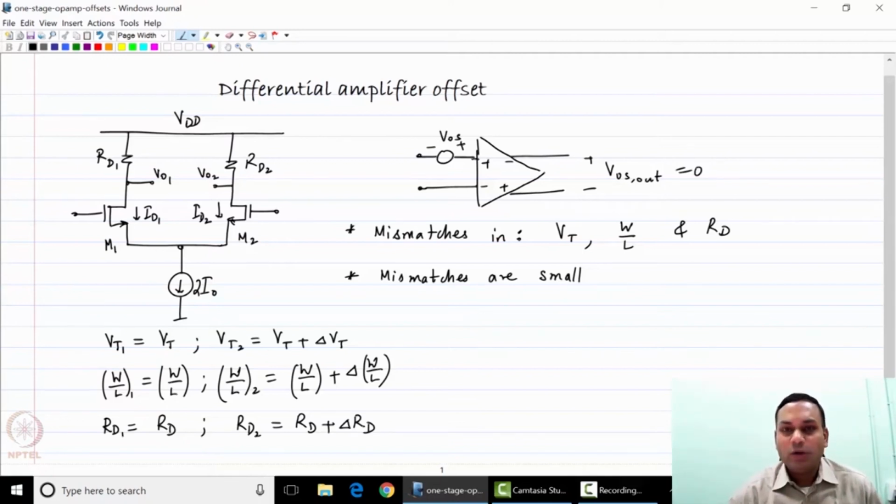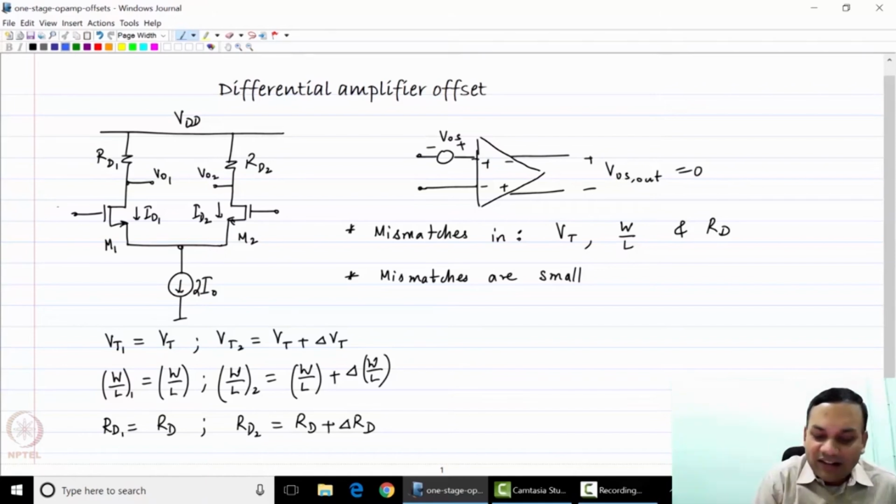Now we want to find out, if you take such a circuit, the input voltage that needs to be applied such that the output voltage offset is 0. So now let us complete the circuit in that manner. So I have an input offset voltage that is being applied.